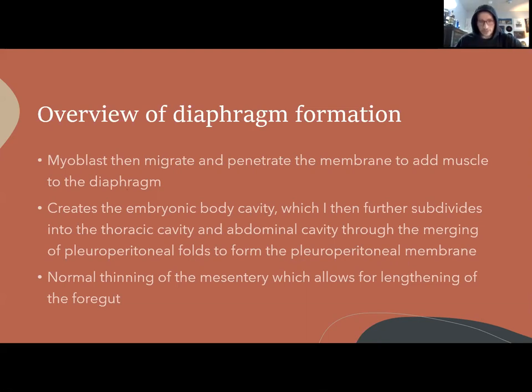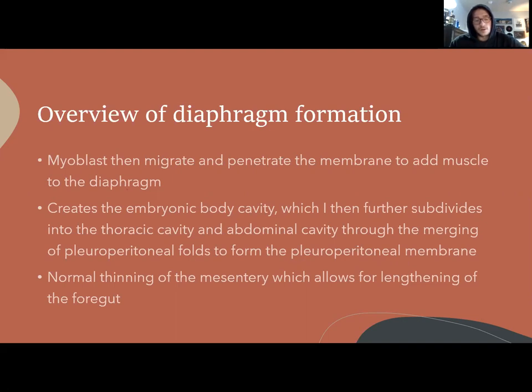So this membrane is then going to be penetrated by migrating myoblasts to add that muscular layer. And that central tendon is going to be where those pleuroperitoneal membranes fused. And that's going to be why it does not have any muscle there.